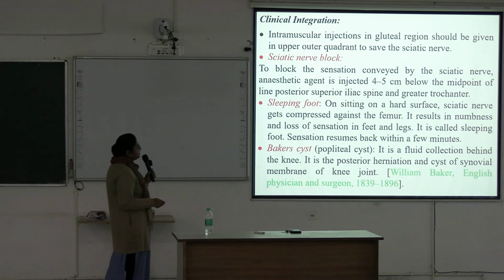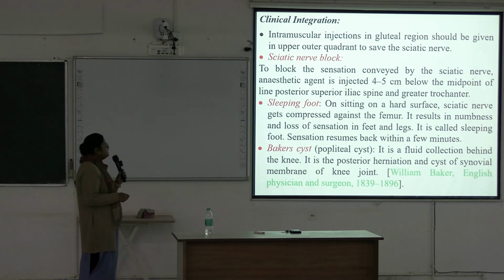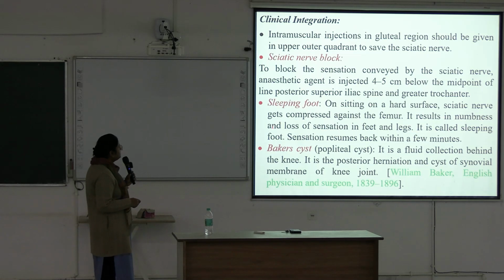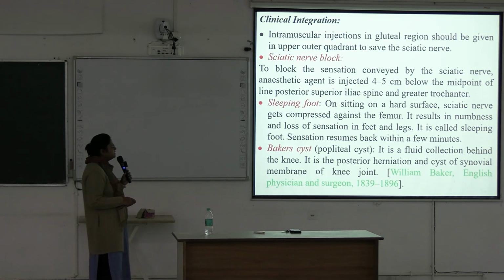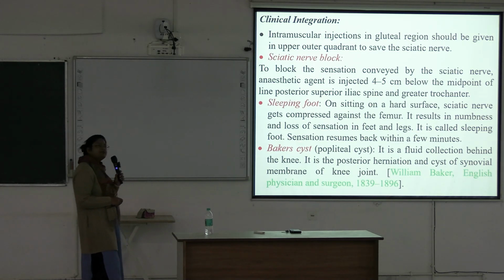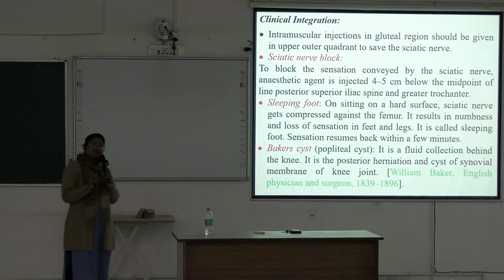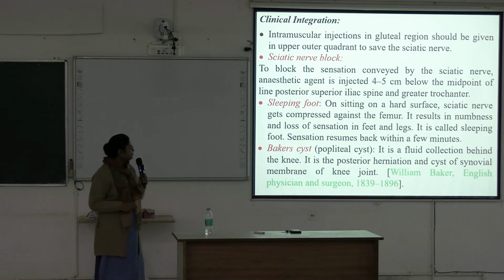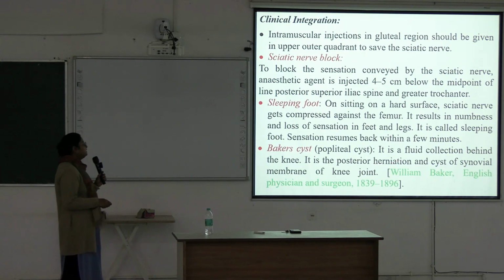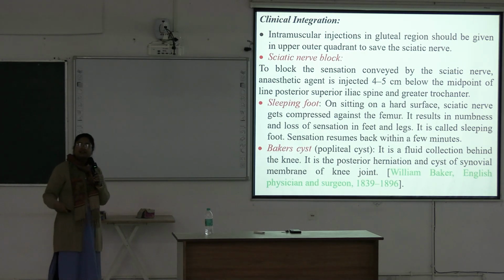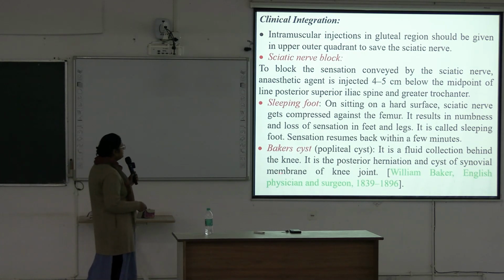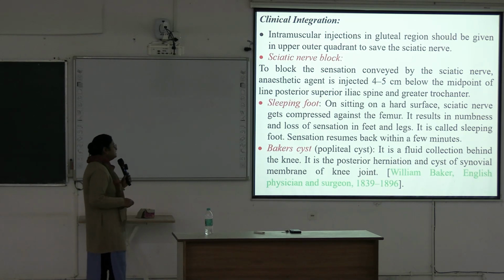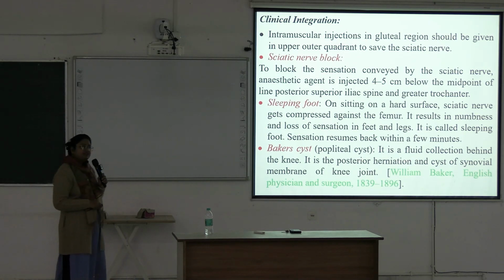On sitting on a hard surface, sciatic nerve gets compressed against the femur, and it results in numbness and loss of sensation in feet and legs, and this is called sleeping foot. Everyone must have experienced this. Sensation resumes within a few minutes after walking some distance. Sleeping foot.